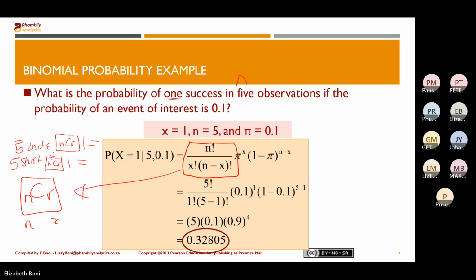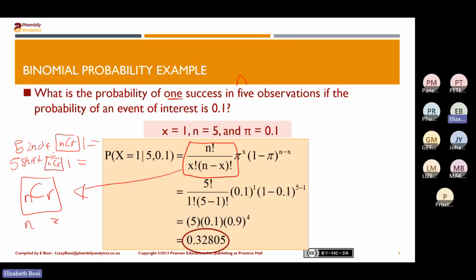So let's solve this. So we say n is 5, x is 1, pi is 0.1. We just substitute all the values, and n is 5. We just substitute and we solve.